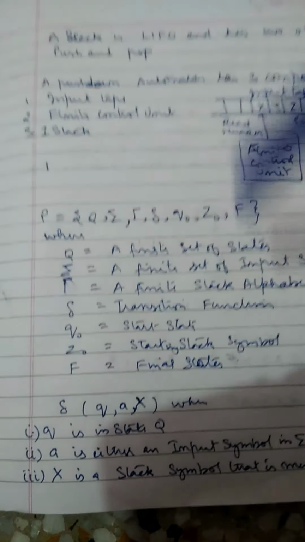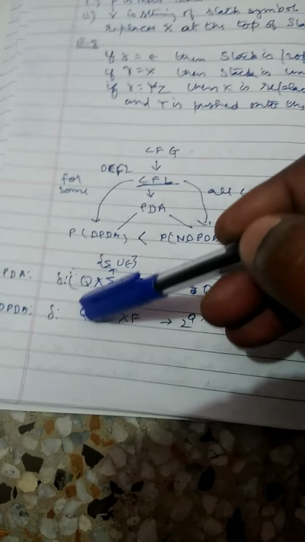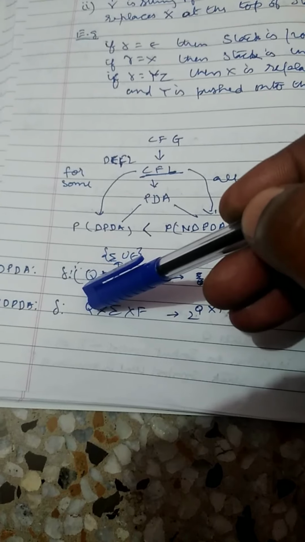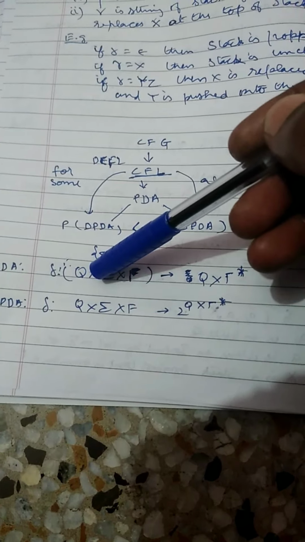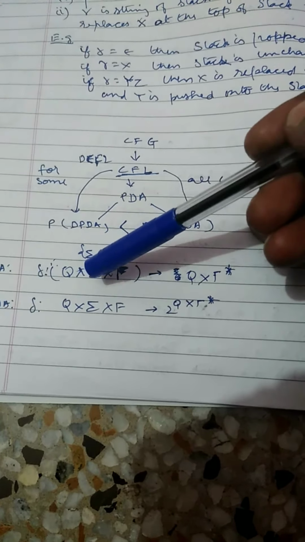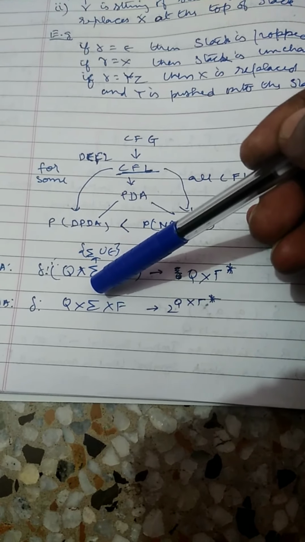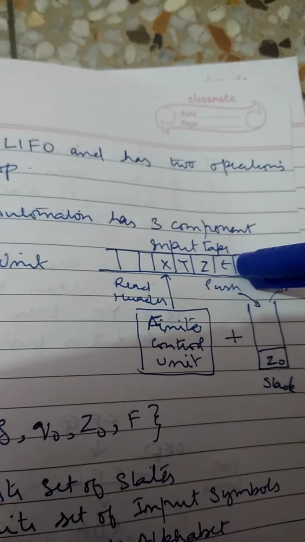Now we will move to the transition function. The transition function here is as in the case of regular language, deterministic finite automata: Q into sigma, the alphabet, which also includes the empty string, because when the input tape reads the empty string, it will simply stop.